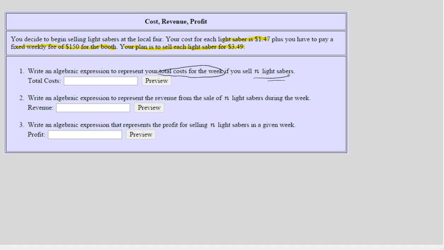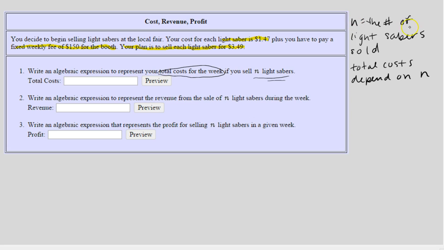So, these are our 2 variables of interest. n is the number of lightsabers sold, and our total costs depend on the number of lightsabers. And I'm just going to put depend on n, where n is the number of lightsabers sold. Okay. So let's see what our costs are.